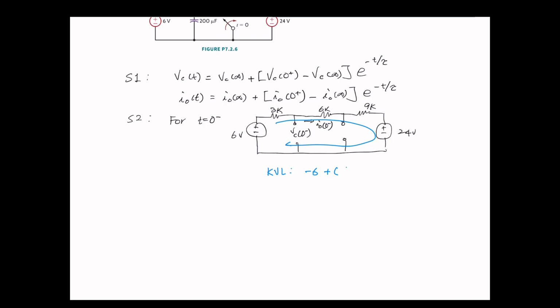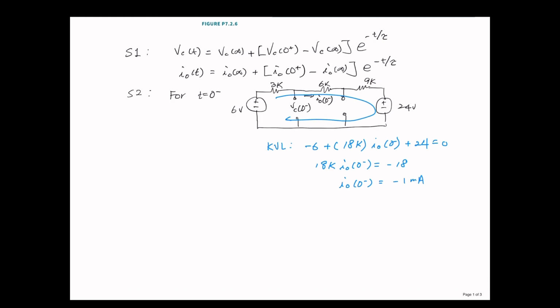Therefore, 18K times I sub 0, 0 minus plus 24 equals 0. Then 18K I sub 0, 0 minus equals negative 18, and I sub 0, 0 minus is going to be negative 1 milliamp.